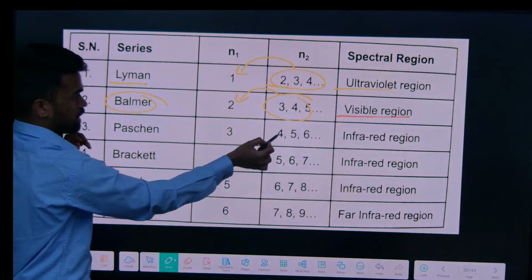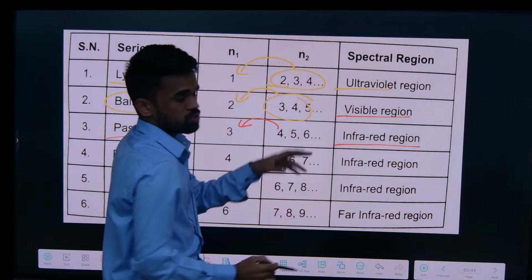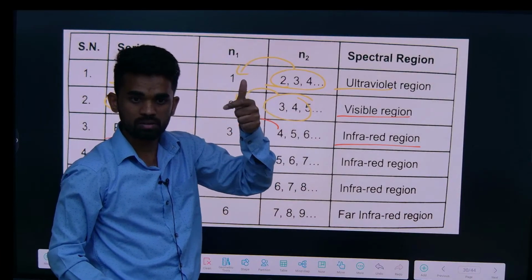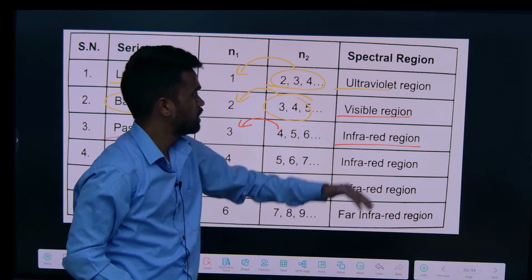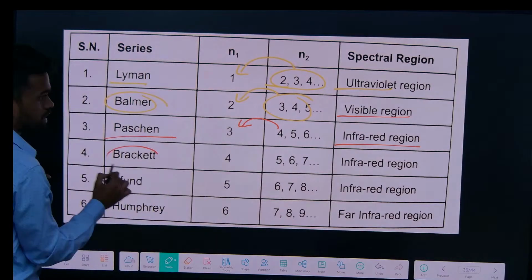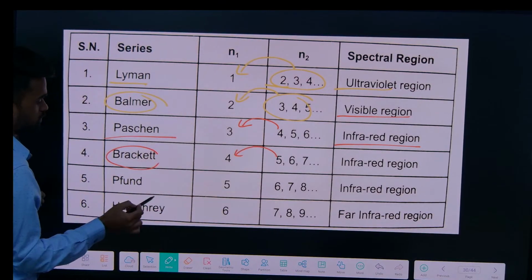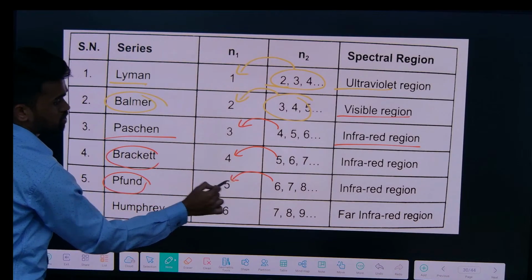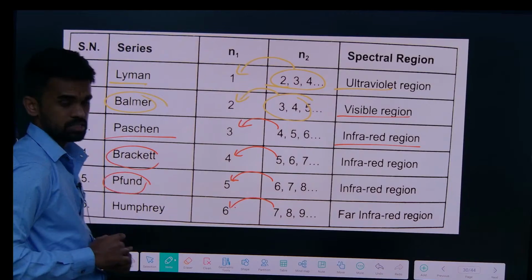Any higher energy state to third comes in Paschen. So the first one is UV, the next one is visible, the remaining are IR. You can remember this is near IR, mid IR, far IR. Brackett, mid IR, any higher energy state to 4; Pfund, any higher energy state to 5; Humphreys, any higher energy state to 6.